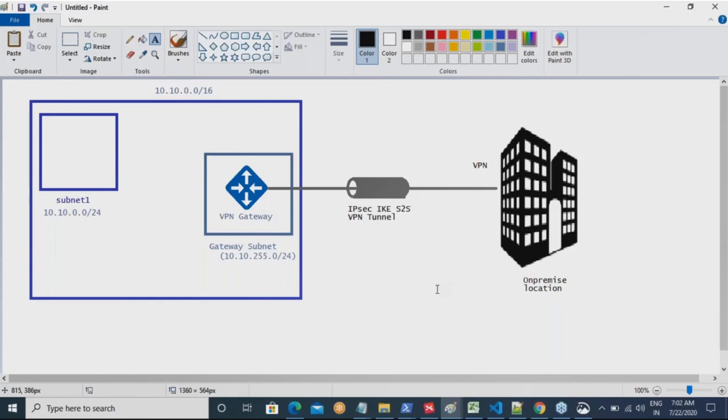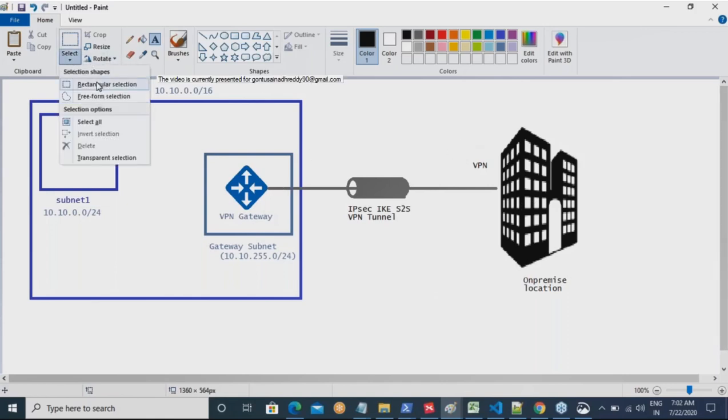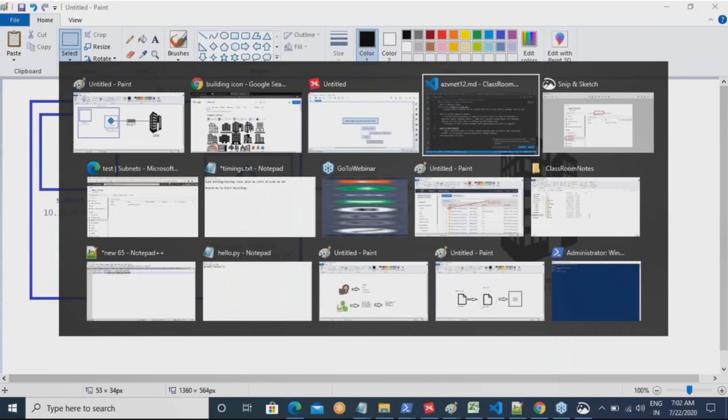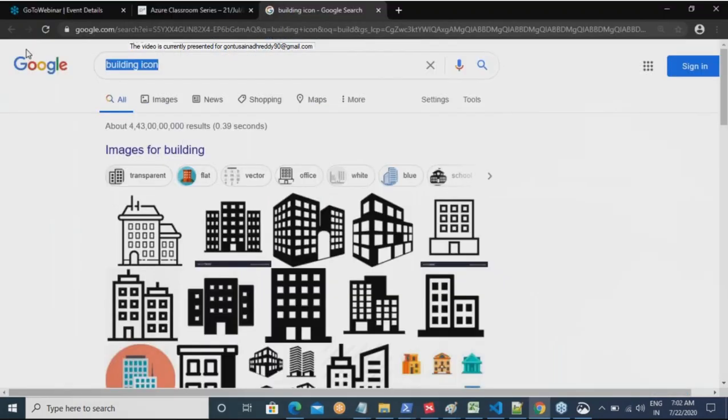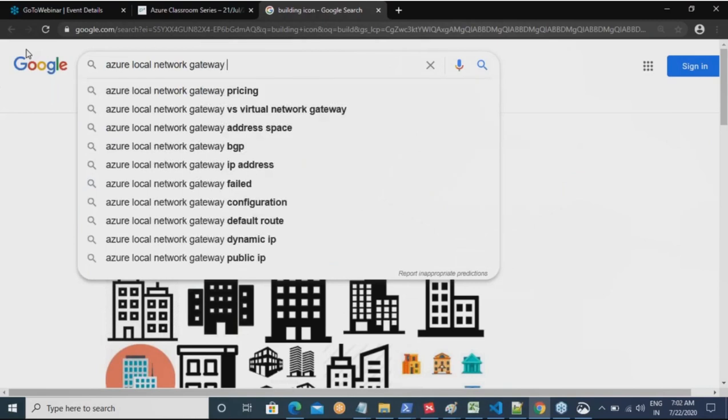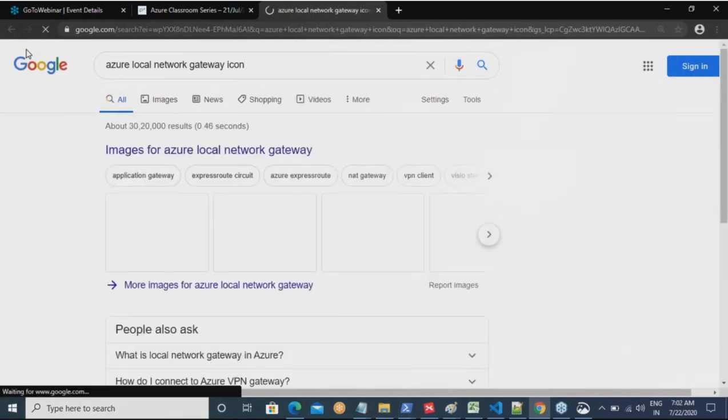Okay. And remember, in your organization, you will have a VPN device, right? You will have a VPN device. Okay. So that VPN, in the case of Azure, is referred to as Azure Local Network Gateway icon.